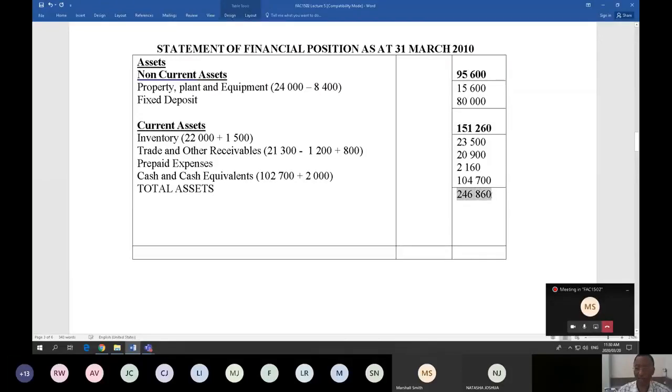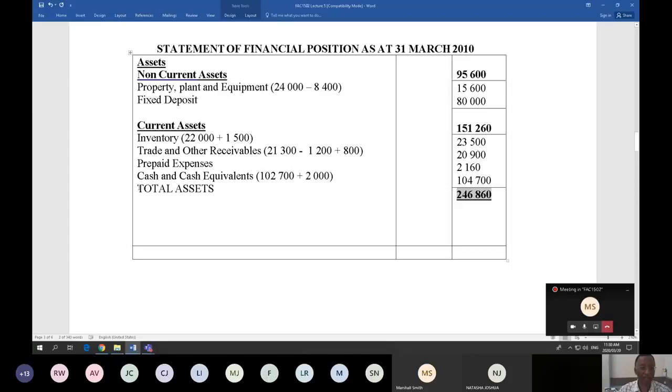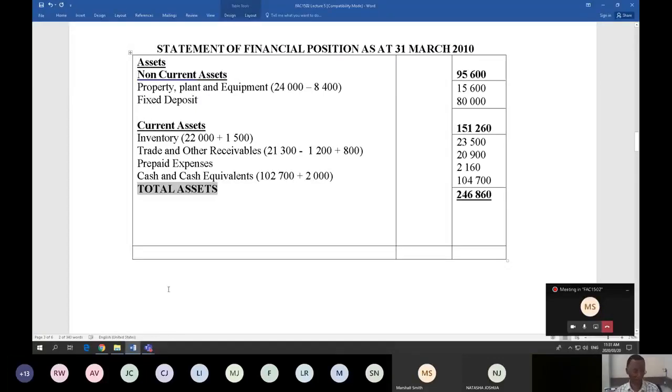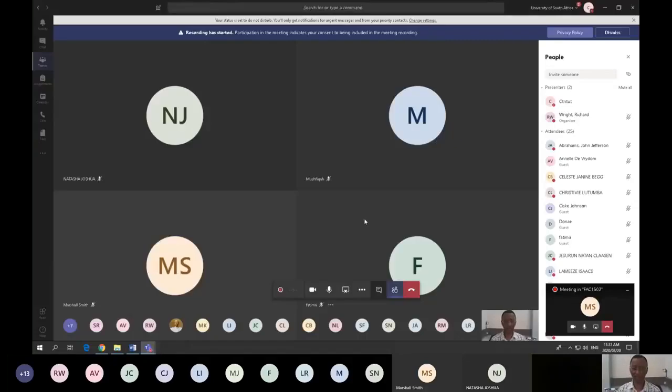And that is the top part of your statement of financial position. Total assets, and your total assets amounted to 246,860.